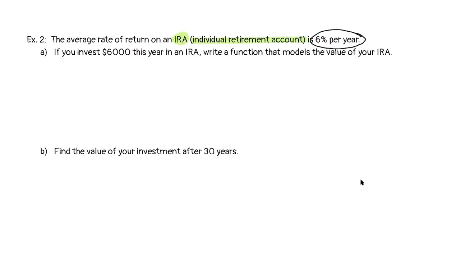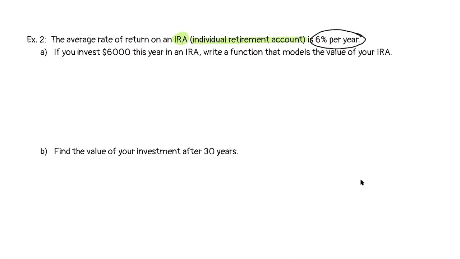Maybe I should do that. I'm feeling pretty good about my paycheck, and I want to put $6,000 towards my personal retirement account that first year that I work. And let's say you do that, and then let's see what our equation is going to look like.